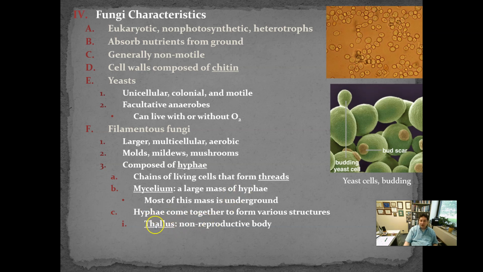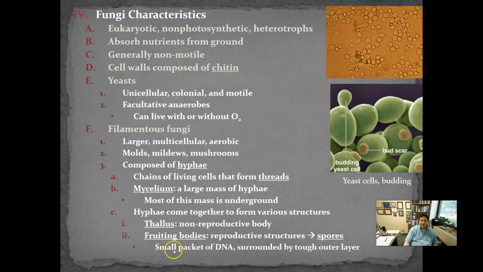And then in turn, the thallus can form fruiting bodies, which are reproductive structures that make spores. A spore is a small packet of DNA surrounded by a tough outer layer. And the spores can dissipate out in the environment. If they land in suitable conditions, they can start to grow new hyphae and into a new mycelia.